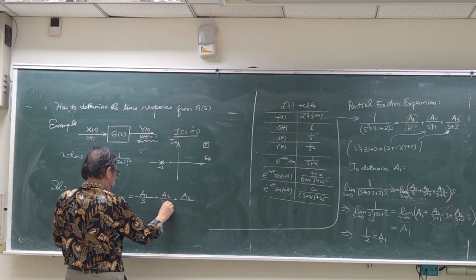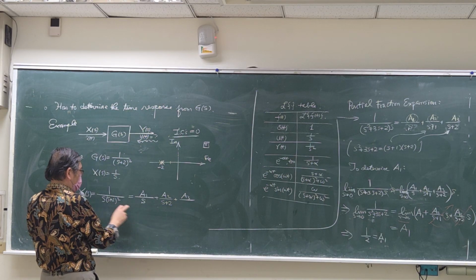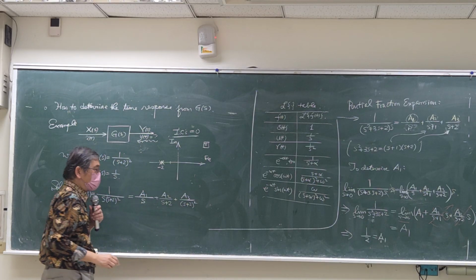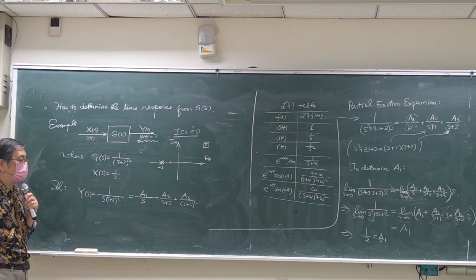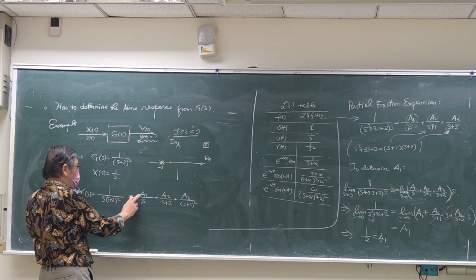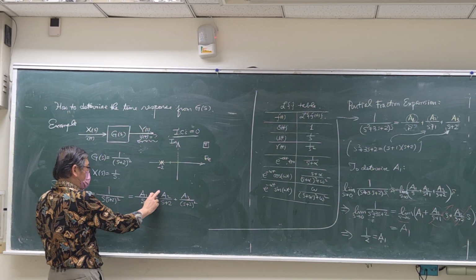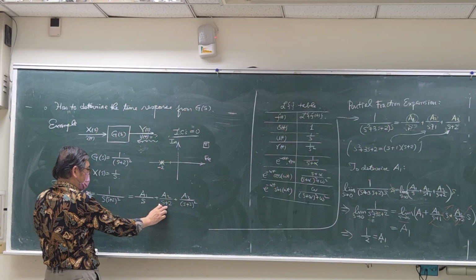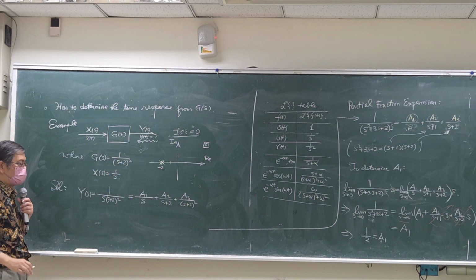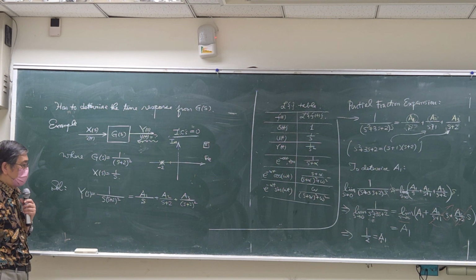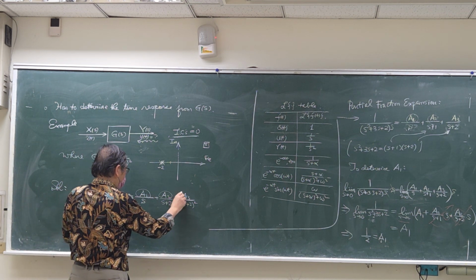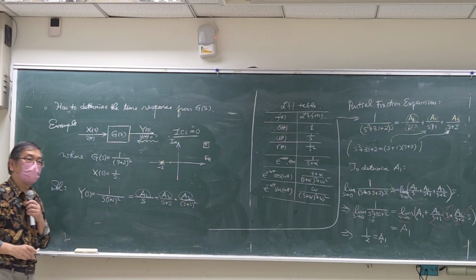This will be s plus 2, and this will be (s+2) squared. We need A1 over s. We need A2 over s plus 2. And then we also need A3 over (s+2) squared. So the question is how to determine A1, A2, and A3.